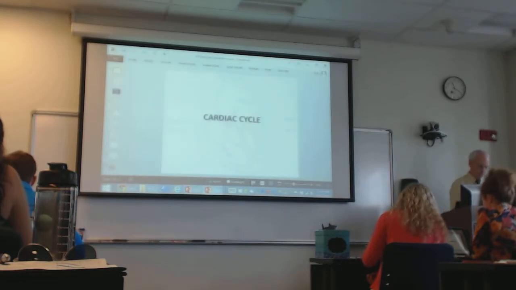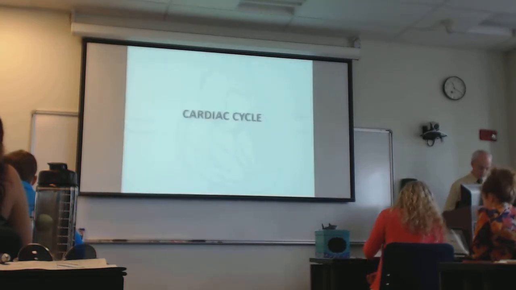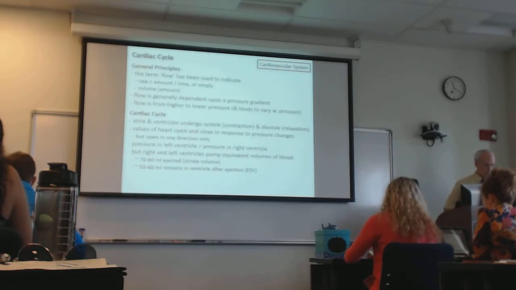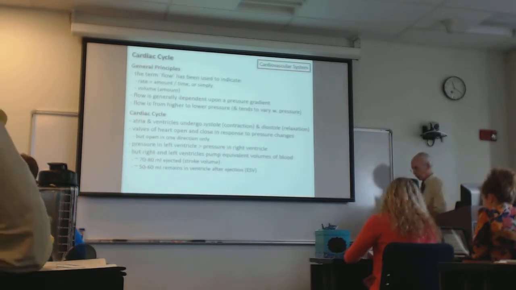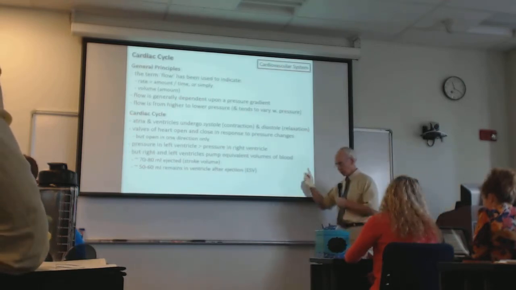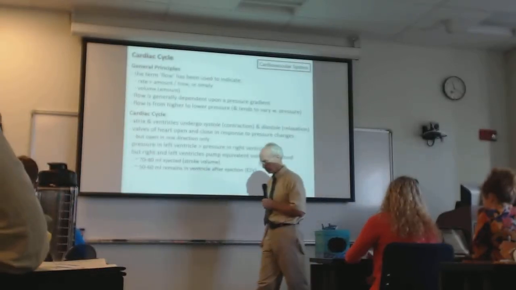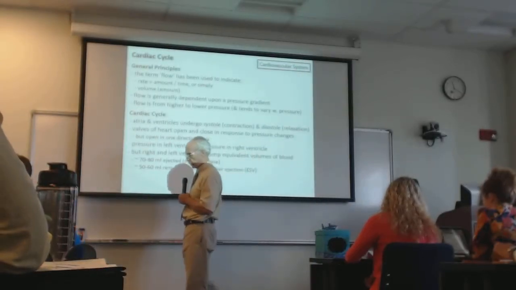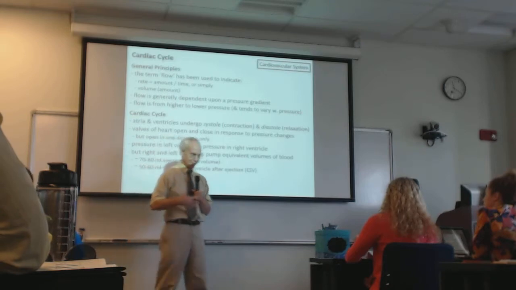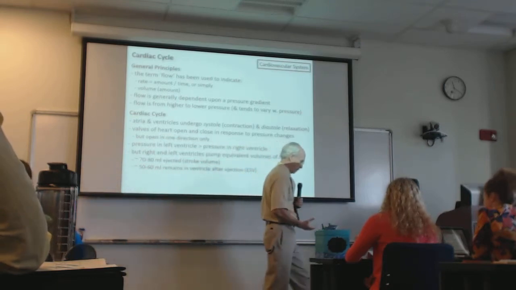All right, so I've been threatening you with the discussion of the cardiac cycle, so let's move on to that discussion. We've already established at our initial meeting on this topic that the primary function of the heart is to establish the central pressure gradient.